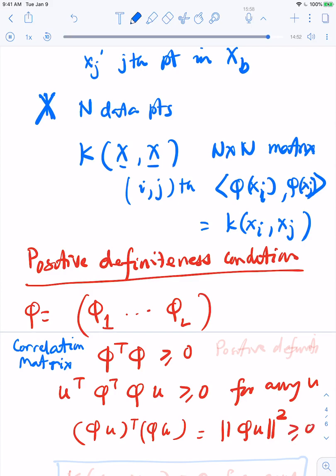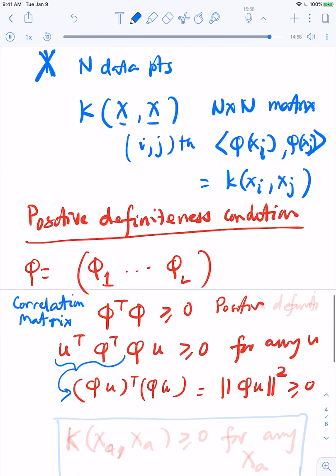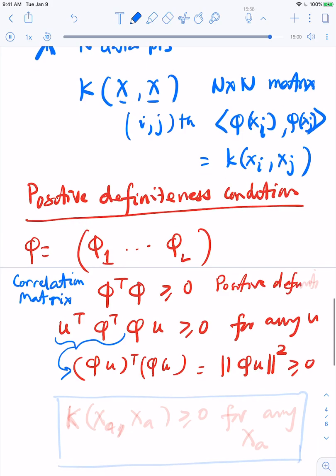So any matrix of inner products has to be positive definite, or non-negative definite. What does the kernel give you? The kernel gives you that phi transpose phi looks like K(xA, xA).